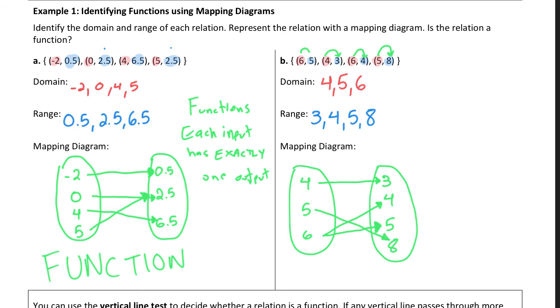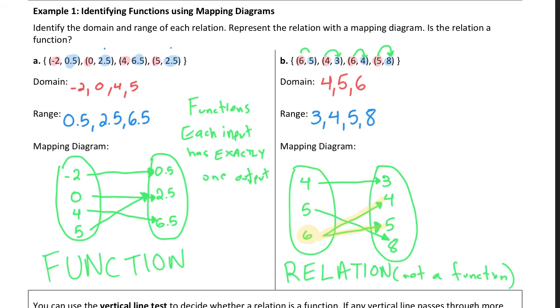Now this example of a mapping diagram is just a relation. This is not a function. And the main reason this is not a function is because the input of 6 has 2 different outputs.